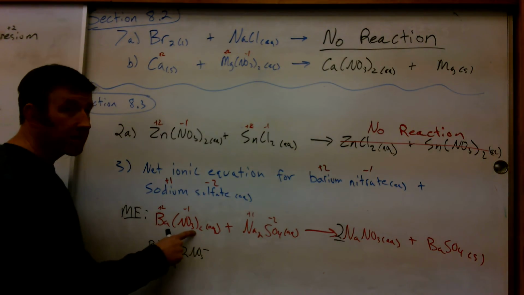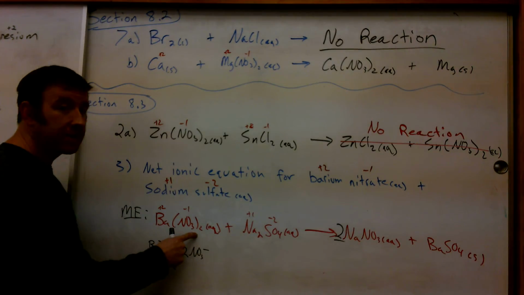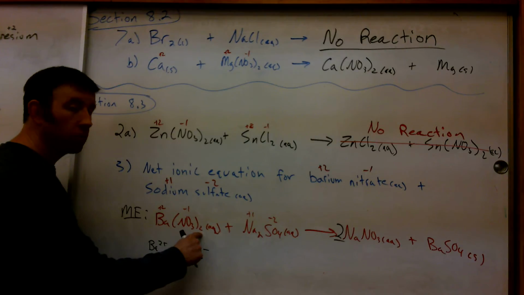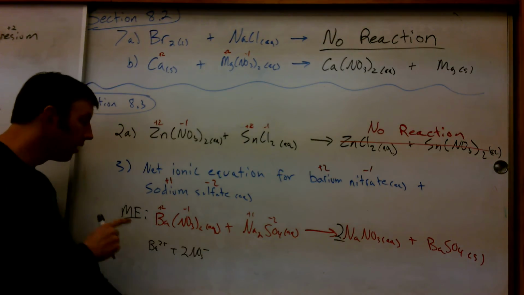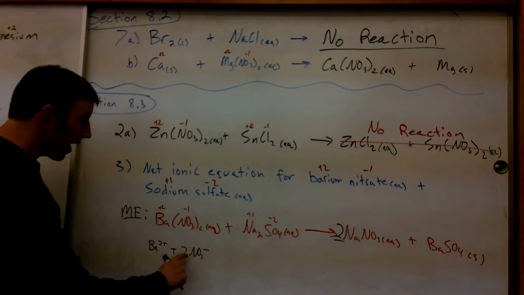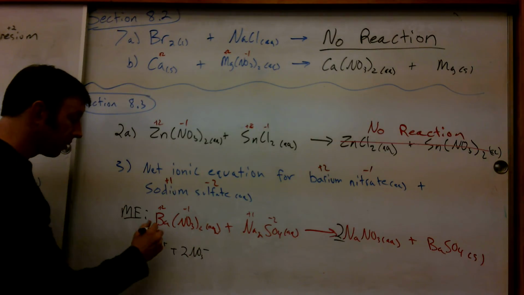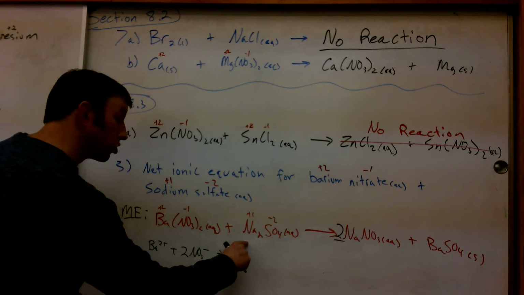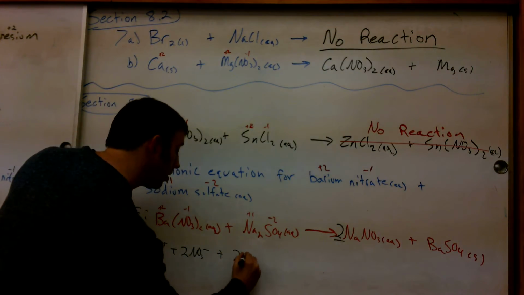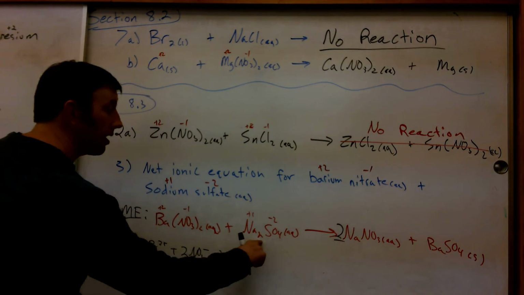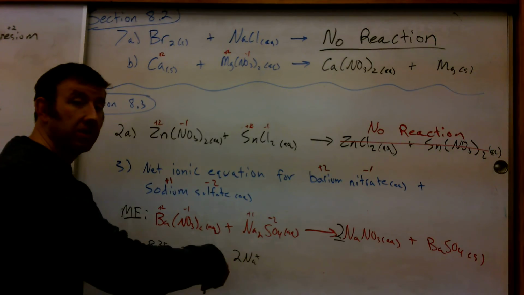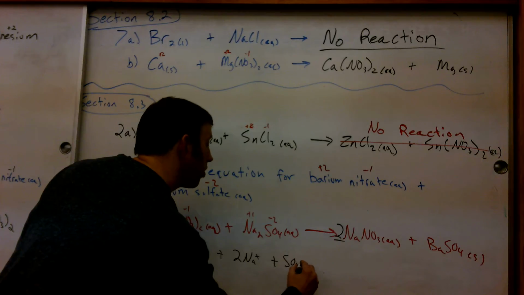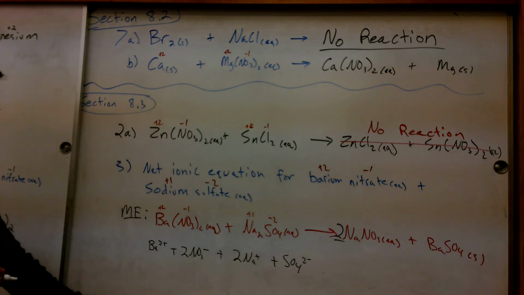So notice that I still don't mess with that 3. We don't mess with our polyatomic ion subscripts. The only ones we worry about are the ones we add to it. So there's my ions, barium and nitrate. Now, my other ions are going to be 2 sodiums. Again, that 2 becomes a coefficient because it's an added subscript, plus SO4 2 minus.